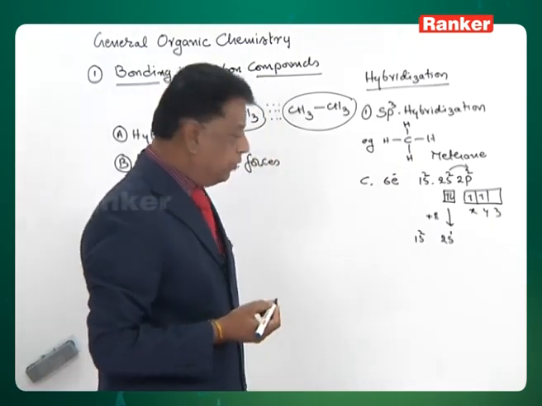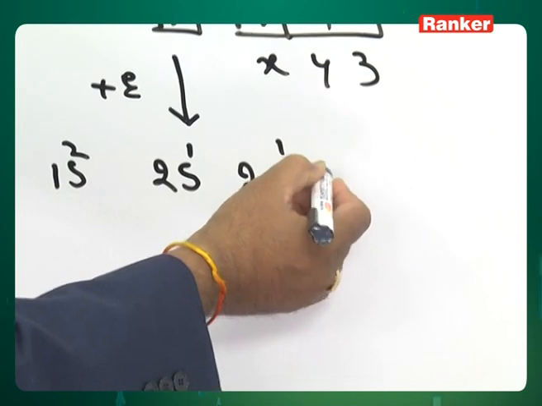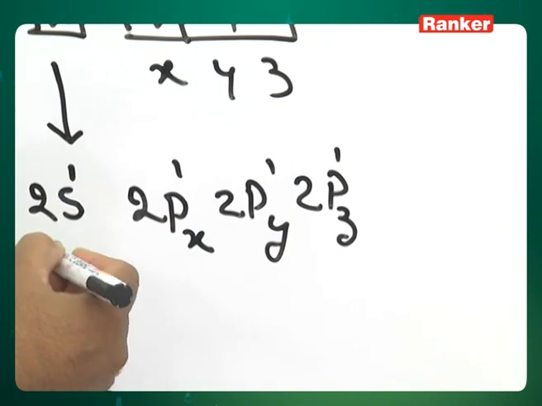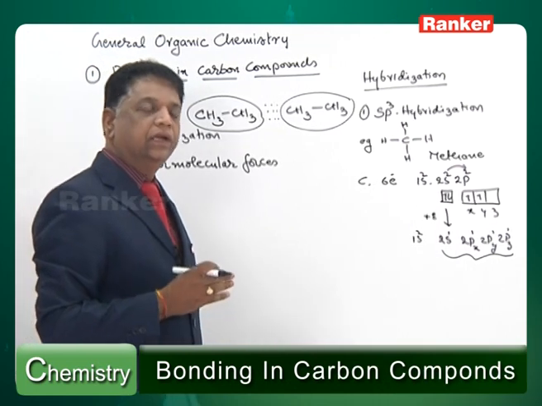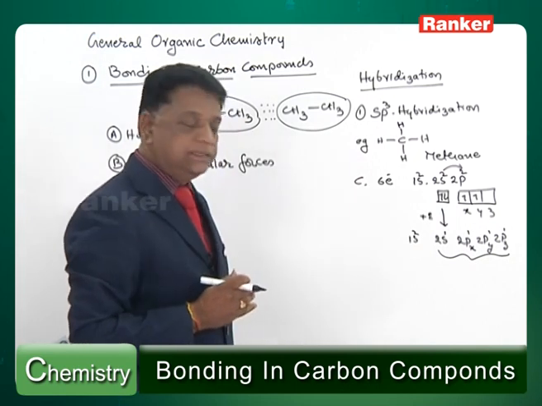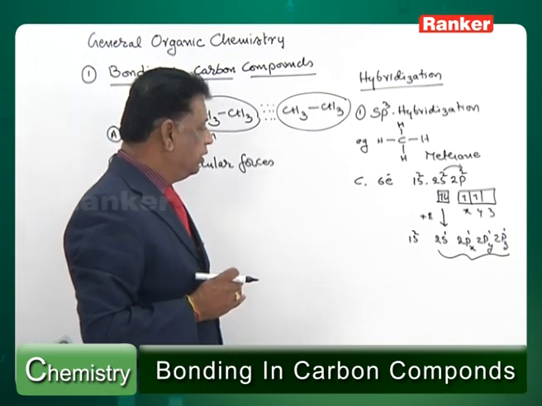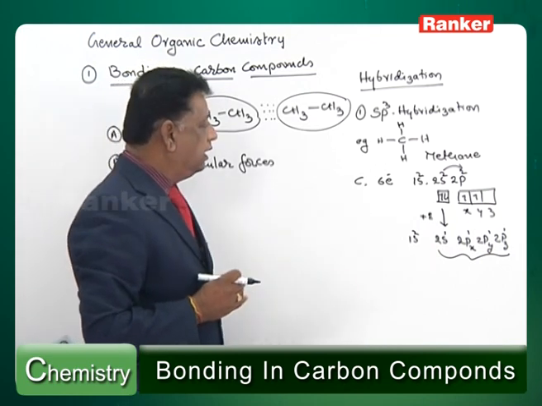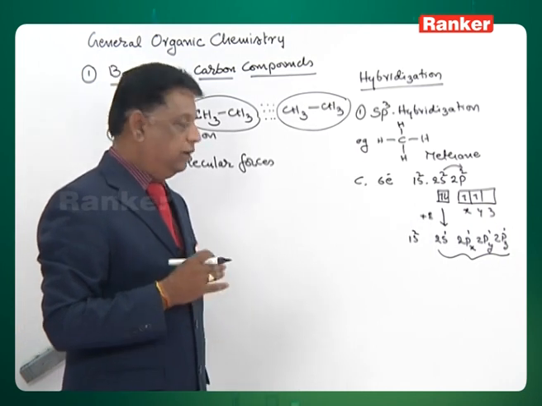So, the s orbital will have 1 electron, and in the 2p we can denote 2px1, 2py1, 2pz1. Now 4 electrons are there to answer the 4 bonds formation, which is called tetravalency. So, we are now able to explain how carbon makes tetravalency in spite of having only 2 unpaired electrons. We have to propose this promotion rule or excitation principle, wherein the ground state is converted into an excited state in which 4 electrons are available.